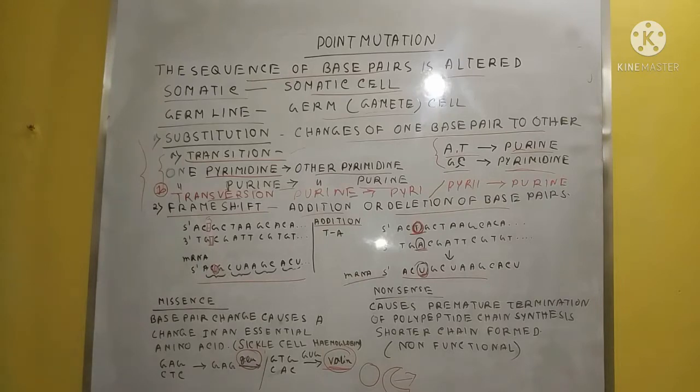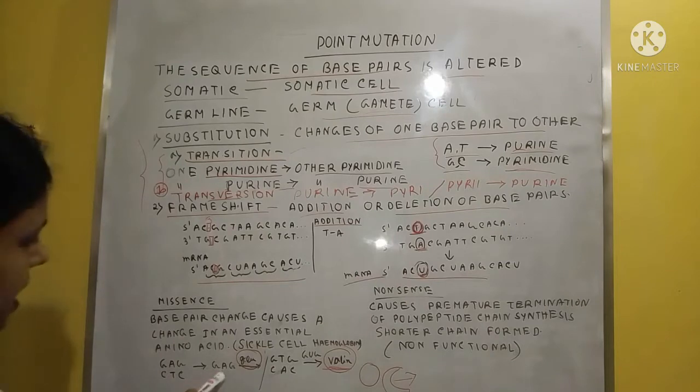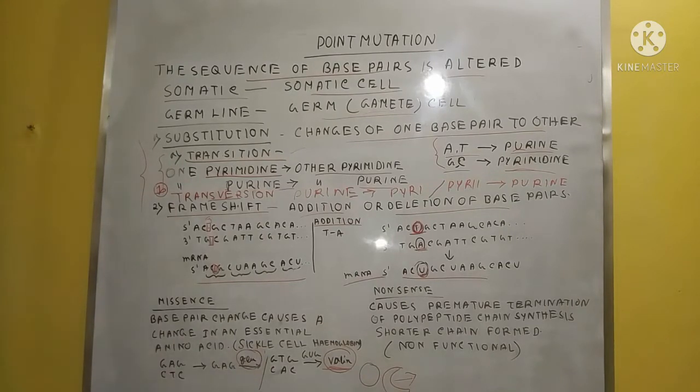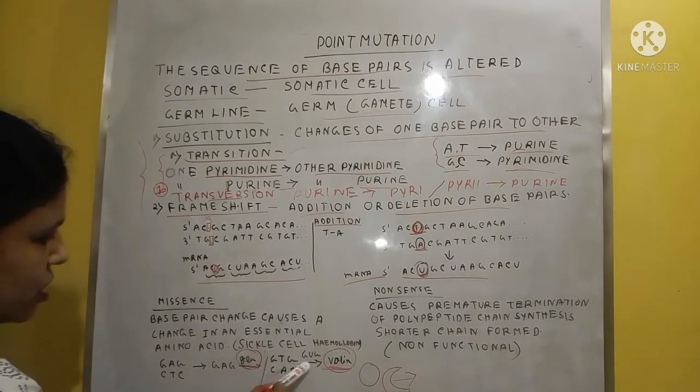So here GAG, its complementary bases are CTC, and when the mRNA is formed, that is GAG, the actual mRNA when the amino acid is glutamic acid. But when the mutation occurs, A is altered with T, then its complementary base changes to A here, and its mRNA also changes.